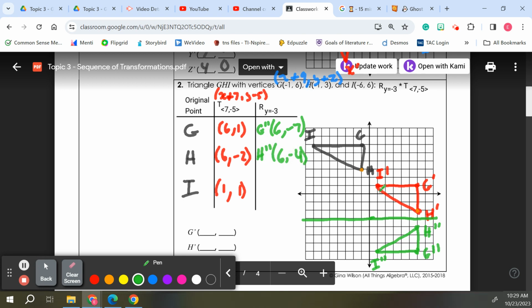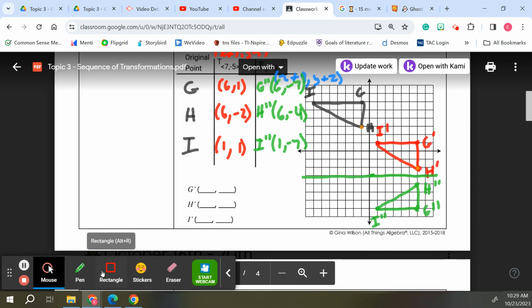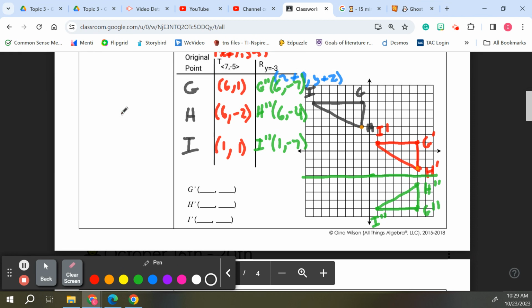And for I, it's 1, and then down 1, 2, 3, 4, 5, 6, 7. So my final points are always the double primes that I just fill in right here: 6, -7, 6, -4, and then 1, -7.